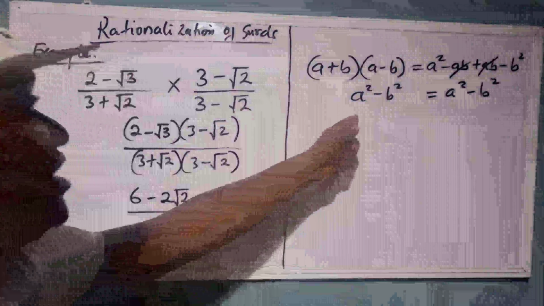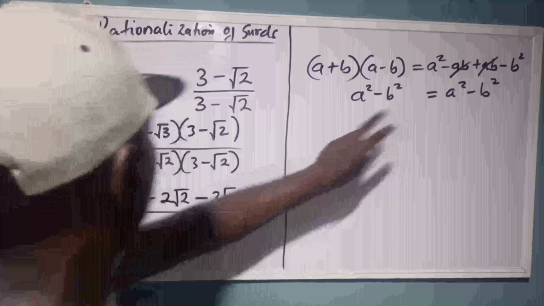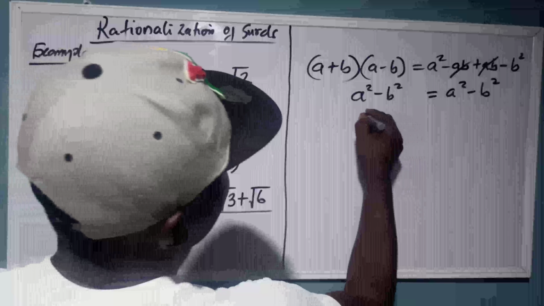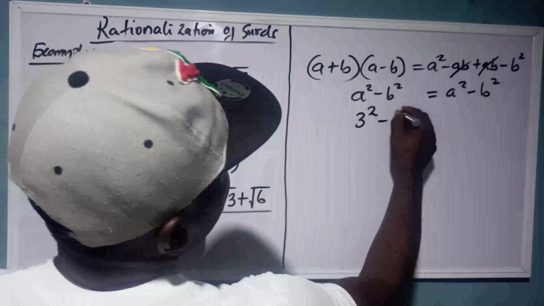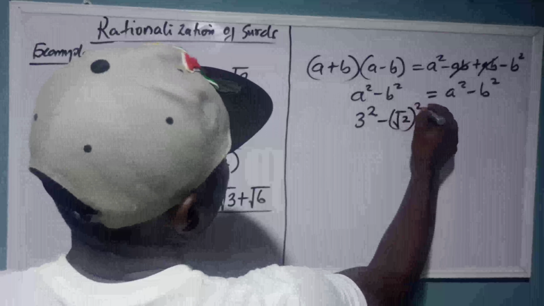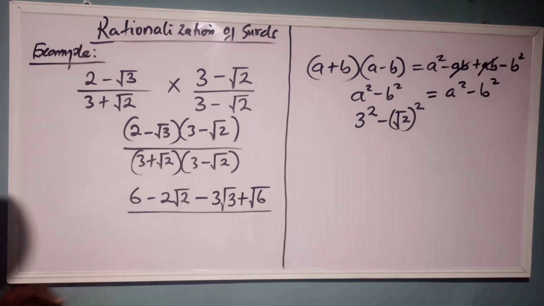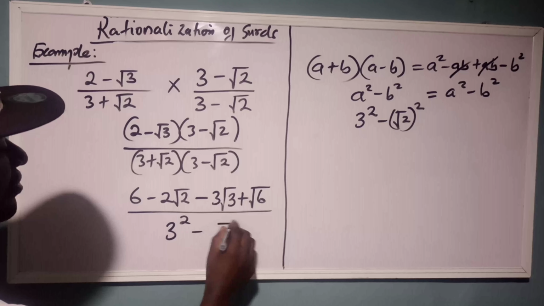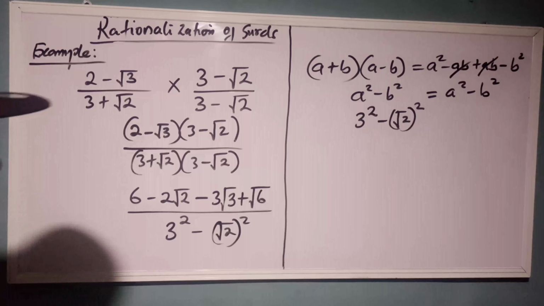So if I substitute A as 3 and B as root 2, what am I going to have? I'm going to have 3 squared minus root 2 squared, right?